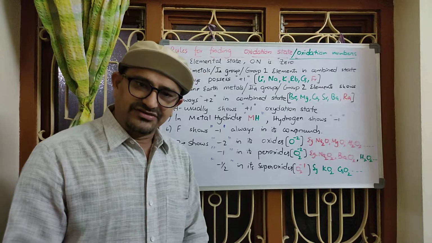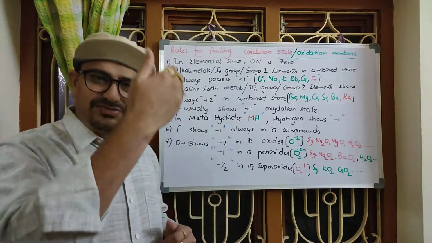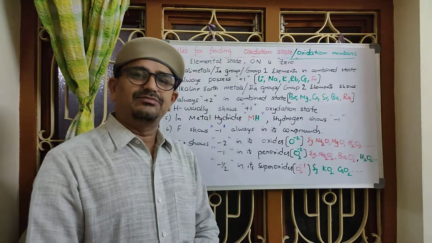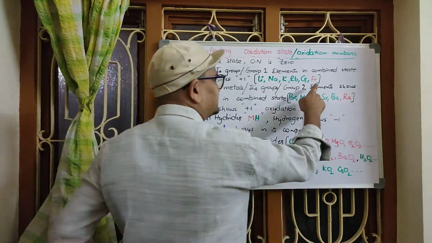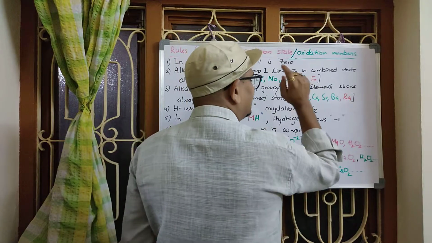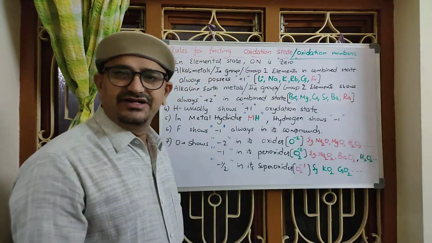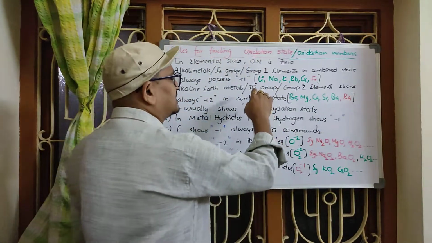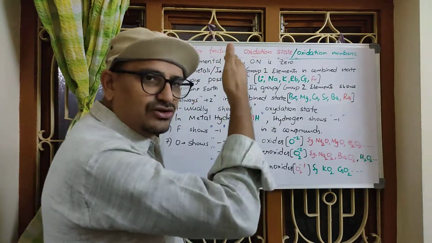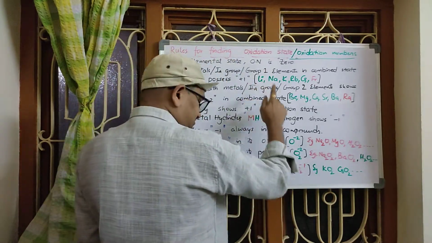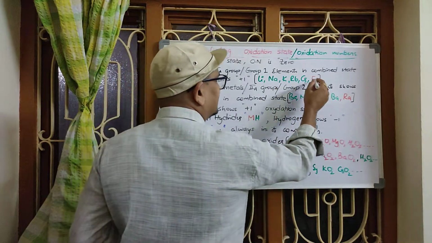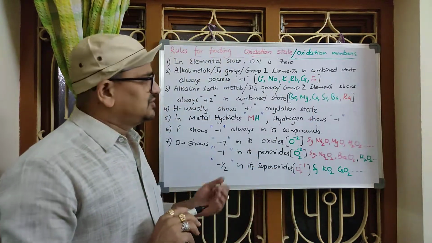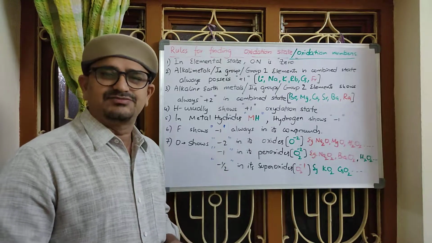Alkali metals, the first group elements in the periodic table: lithium, sodium, potassium, rubidium, cesium and francium. Of course, francium is a radioactive element. That's why it is specified with a different color. As francium is radioactive, its chemical properties are less pronounced.